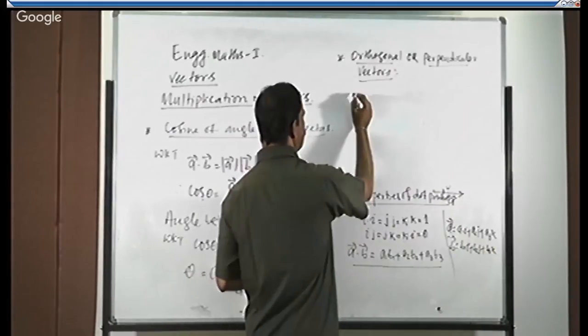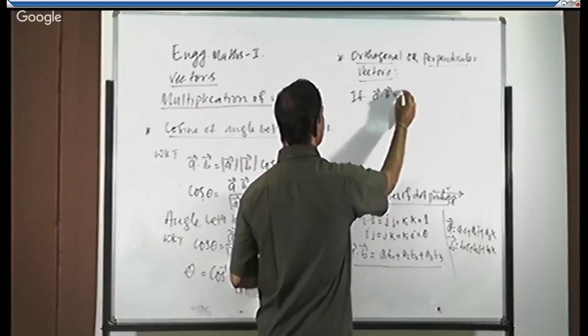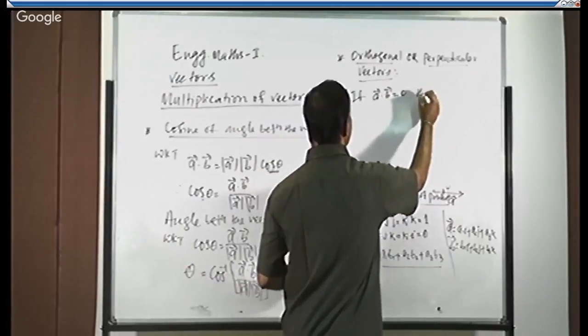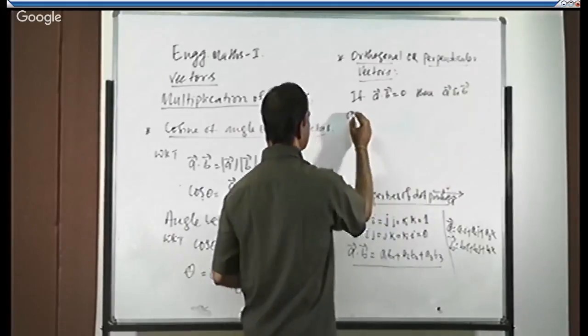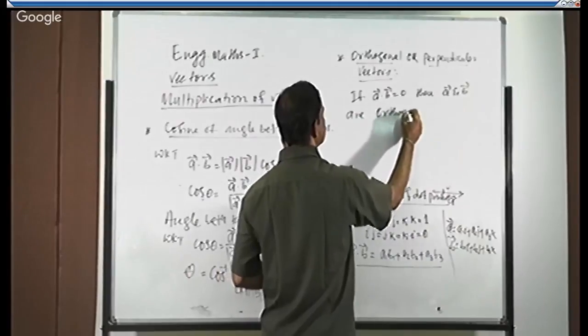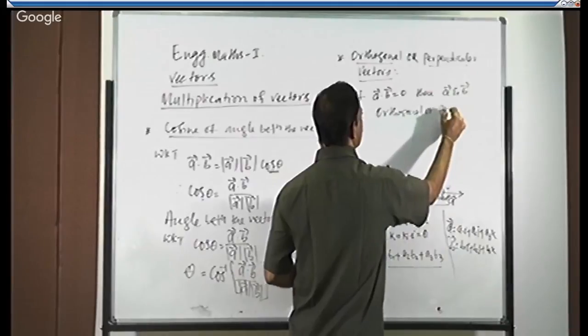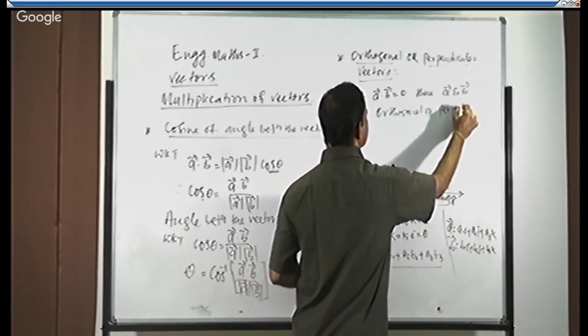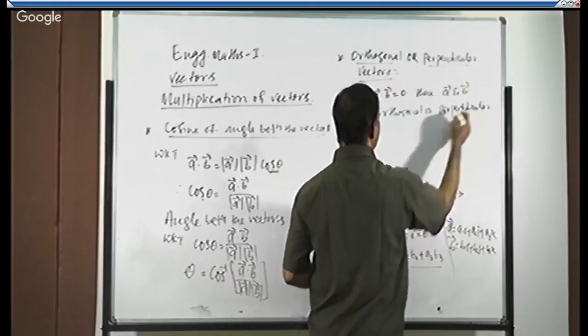So I can write like this: if A dot B is equal to 0, then A and B are orthogonal or perpendicular vectors.